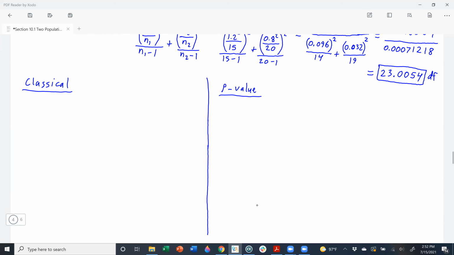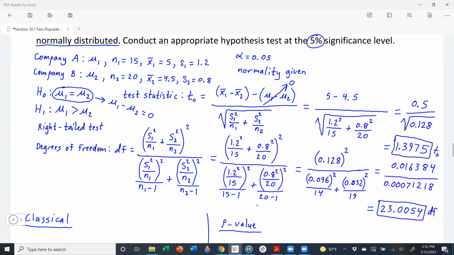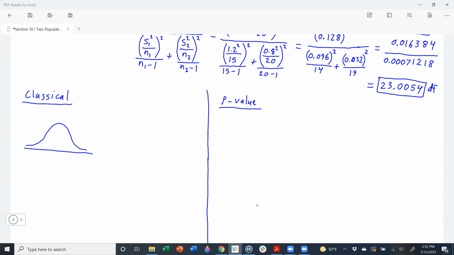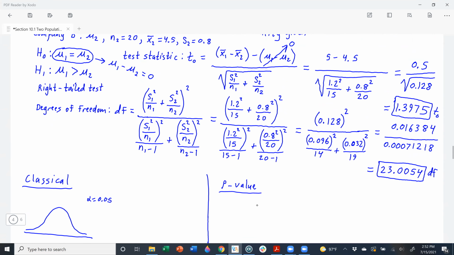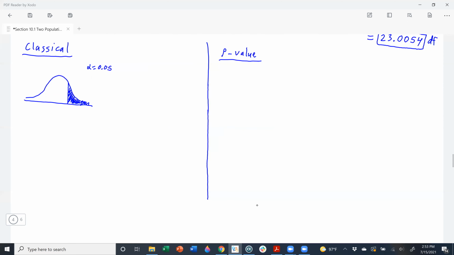All right, so with the classical approach, if you recall, it's a t-distribution, so it still looks like that symmetric bell curve. And then we had an alpha of, I believe it was 0.05. Yes, okay, so alpha equals 0.05. And we had a right-tailed test. So I'll go ahead and set up a right-tailed test with the critical region shaded in on the right-hand side.